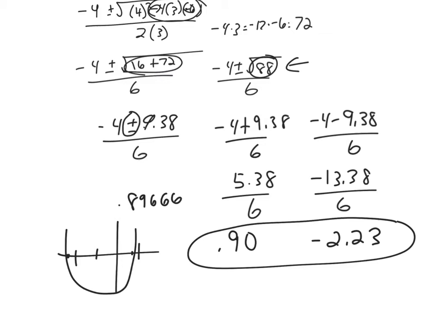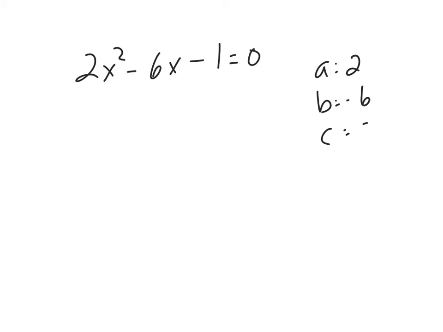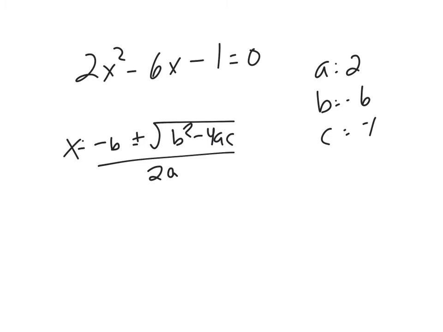All right, so let's do another one of those. Let's go 2x squared minus 6x minus 1 equals 0. Okay? So we've got a is 2, b is -6, and c is -1. So x equals -b plus or minus the square root of b squared minus 4ac over 2a.